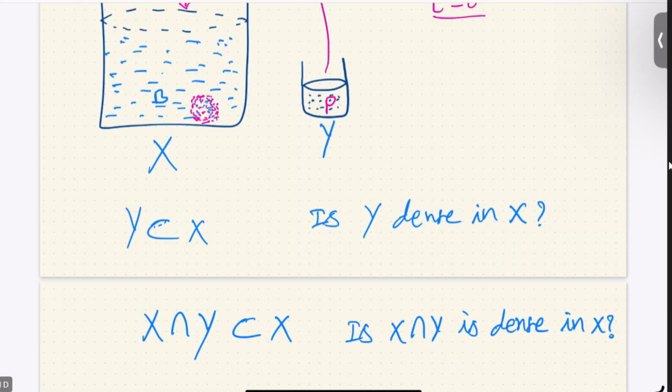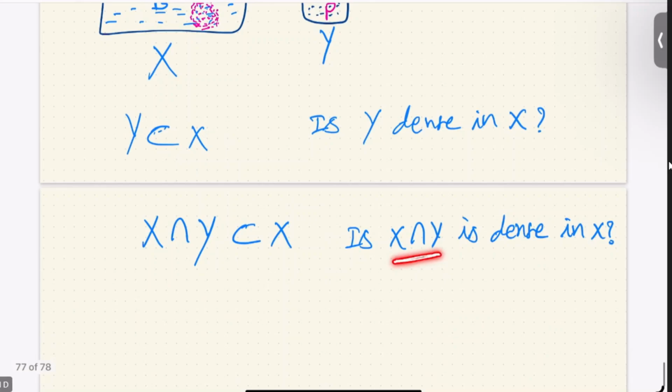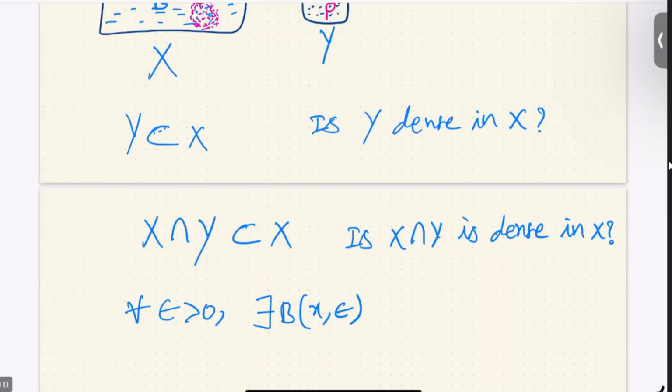So if it satisfies the dense property, that means for every epsilon greater than 0, there exists a ball with radius epsilon such that the ball intersection X intersection Y is non-empty.